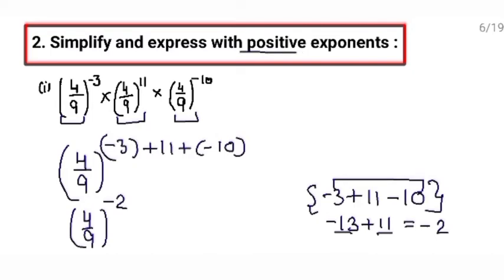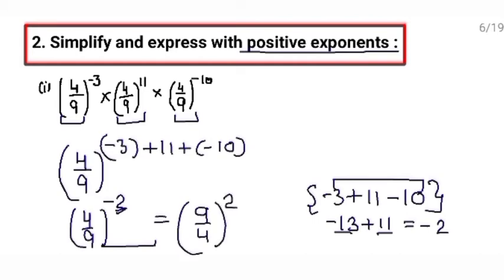And they said here with positive exponent, that means the power should be positive. And to make the power positive, what do you do? You write the reciprocal of the base. The reciprocal of the base will be 9 upon 4 and the power will be positive 2. So your answer is 9 upon 4 raised to the power 2.